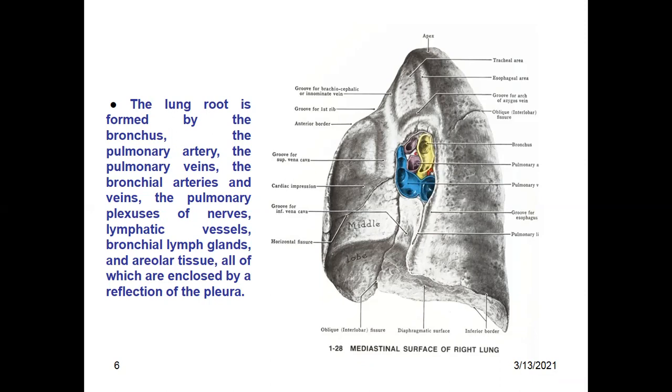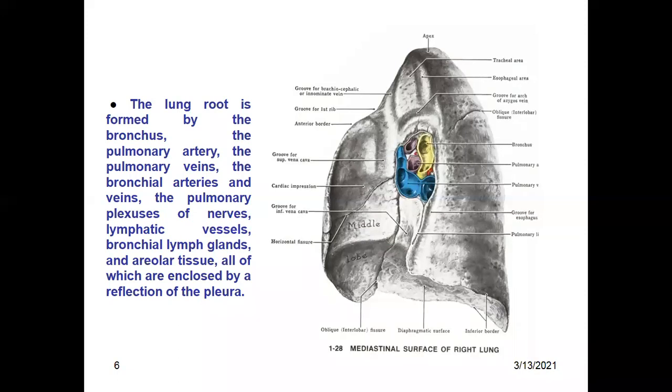So if you look here, the hilum of the right lung is characterized by a bronchus located posteriorly, the pulmonary artery in front of the bronchus, and it divides into two divisions: the superior pulmonary vein located anteriorly, and the inferior pulmonary vein located postero-inferiorly.